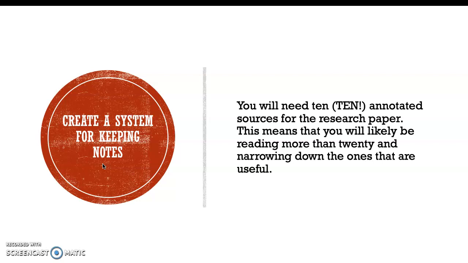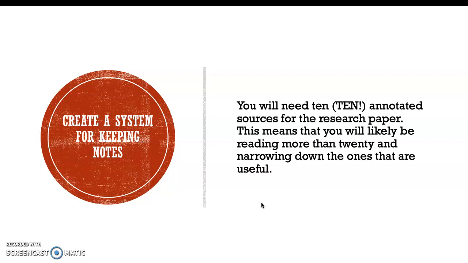Okay, so now for this paper, which is the longest paper you will have written for this class, there's a requirement for 10 sources. And I will give you guys the specifications later on Blackboard. Five will need to be scholarly sources, and the other five can be other credible sources.